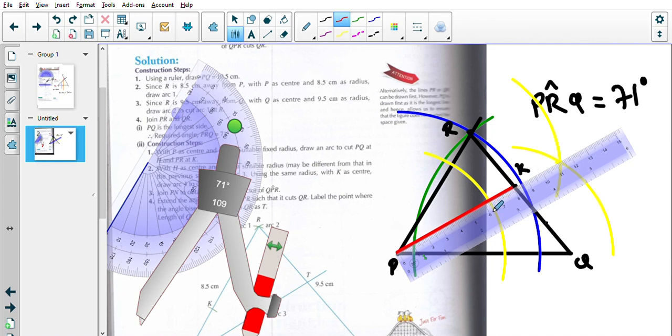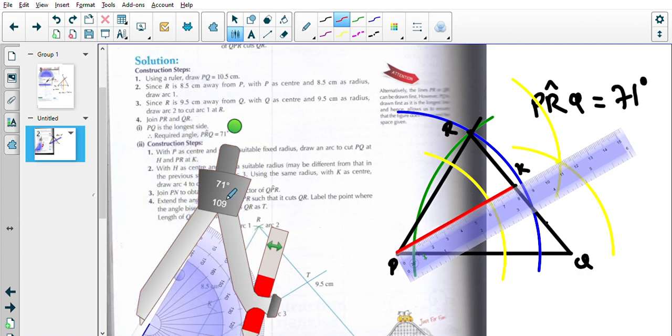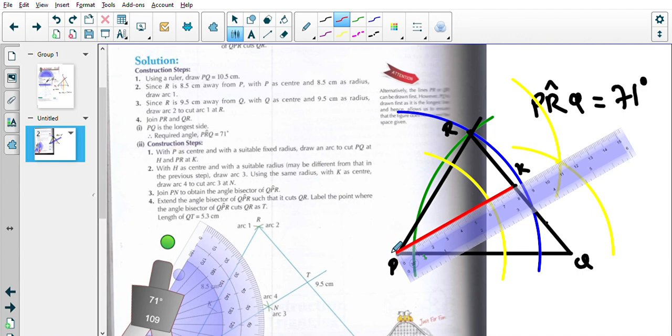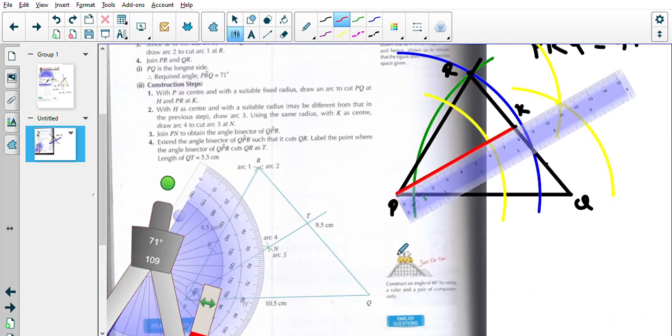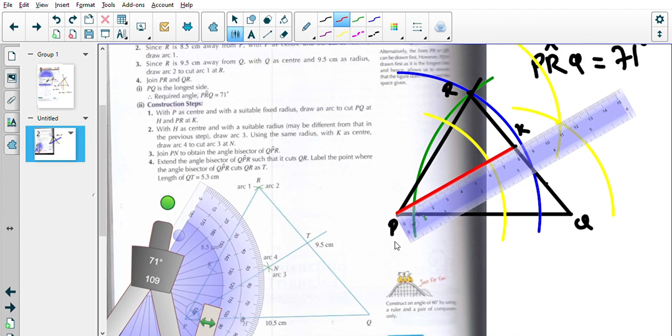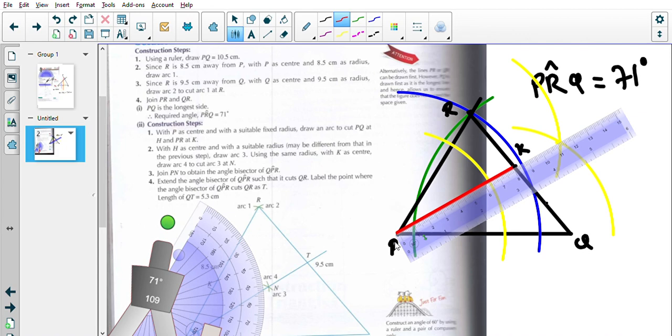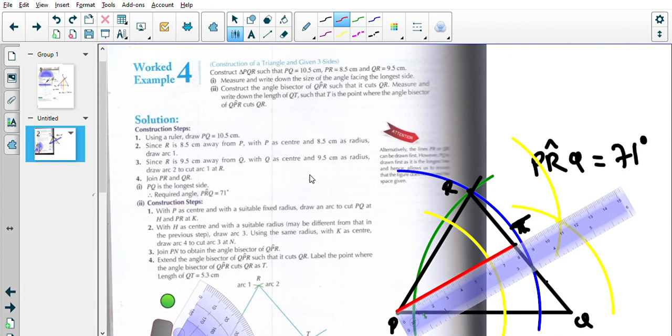And then we measure that the length of PK is about 8 point something, but to get it more exactly, alright, it's about, okay, let's call this not K but T according to the question. So PT is around 8.1 centimeters, but the question asks for the length of QT.